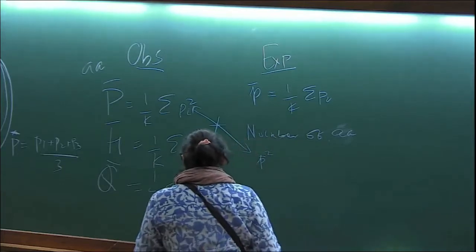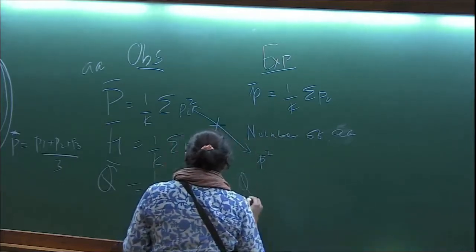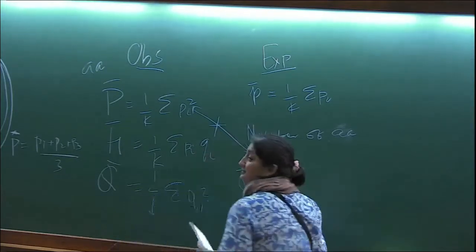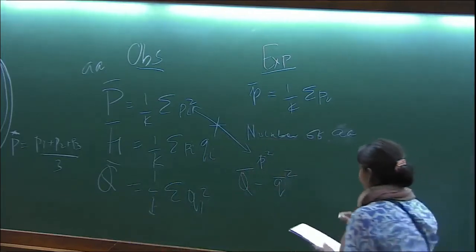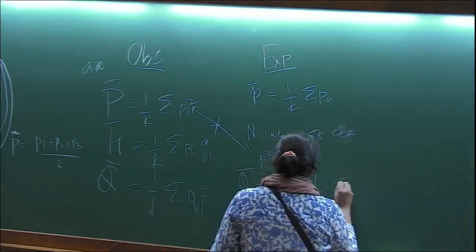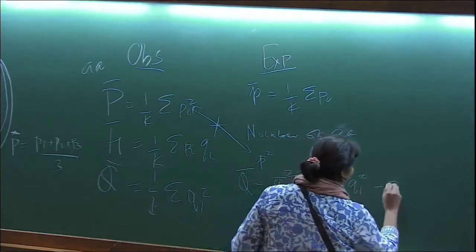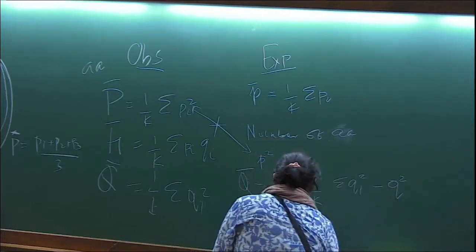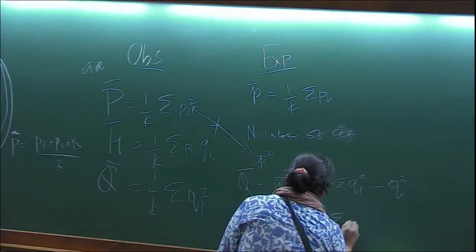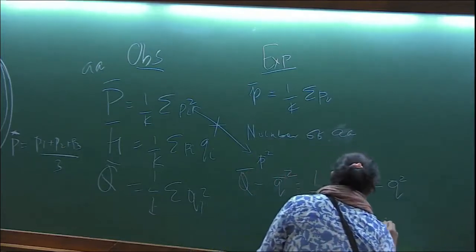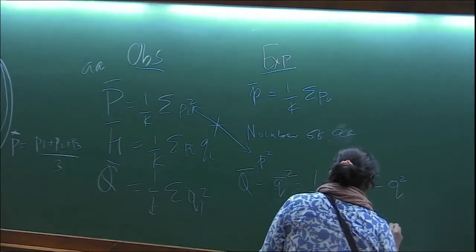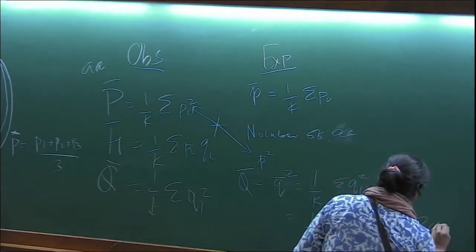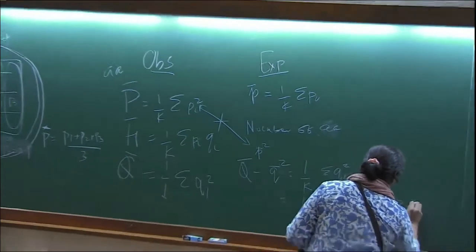So if you want to look at what the difference is, suppose you do it in terms of Q bar minus Q bar squared, which is equal to 1 by K sigma Qi squared minus Q bar squared. I can just subtract 2 Q bar squared.